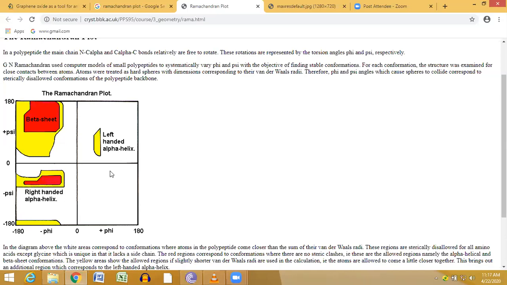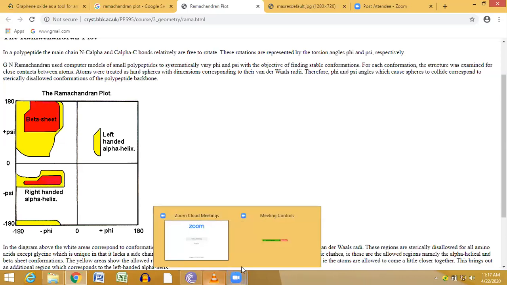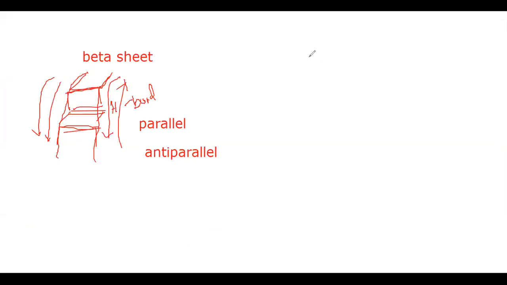I am coming back to my drawing board to make things more understandable. Say you have the 4 quadrants like this.